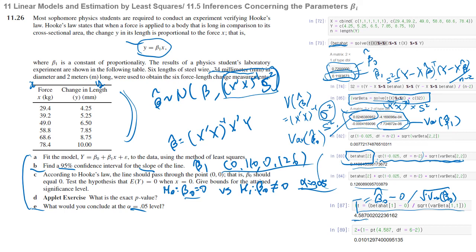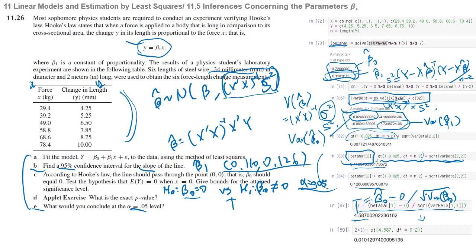You can also calculate the qt critical value for this case, but I didn't do it here.